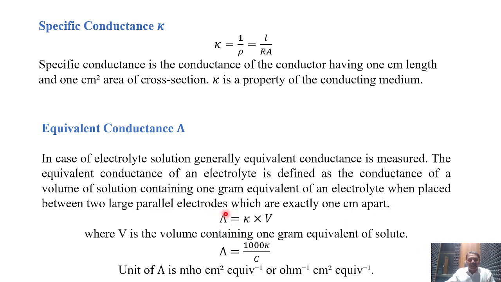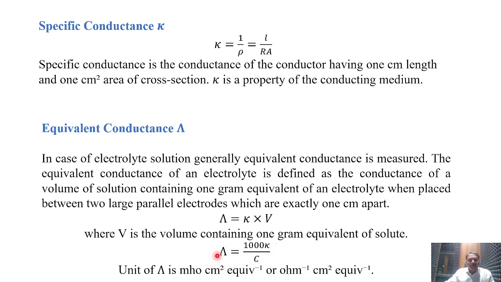So equivalent conductance lambda is equal to specific conductance into V, where V is the volume of solution containing 1 gram equivalent of an electrolyte. Therefore, lambda is equal to 1000 into K by C. That means equivalent conductivity is equal to 1000 into specific conductance divided by concentration.